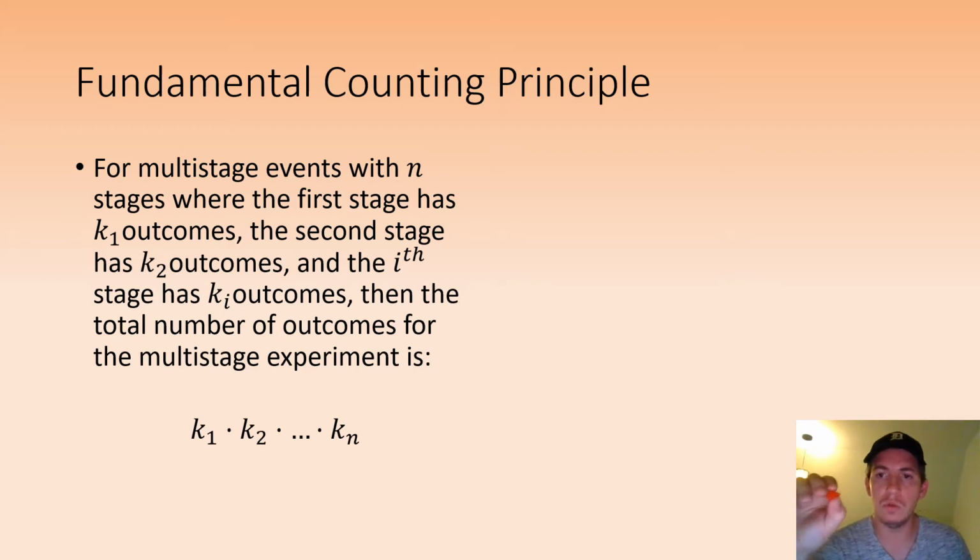It could land on 1, 2, 3, or 4. K2 would be 6. My six-sided die could land on 1, 2, 3, 4, 5, or 6. K3 would be 8. My 8-sided die has 8 different outcomes. K4 would be 12. My 12-sided die has 12 different outcomes. And K5 would be 20. My 20-sided die has 20 different outcomes.